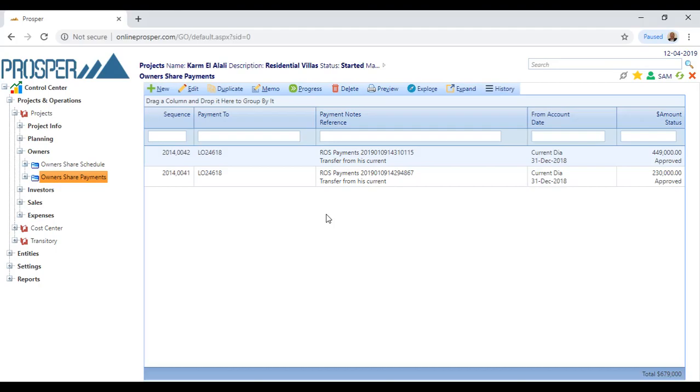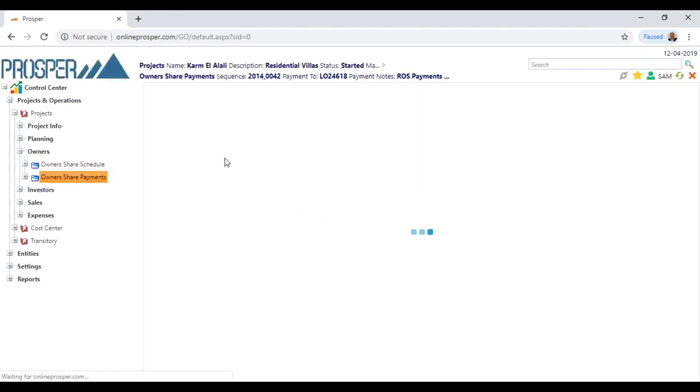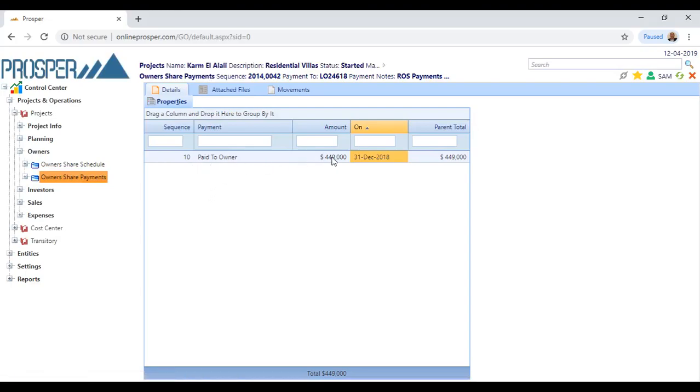For every document that we have, it says when it was paid to the owner, what time, and the amount that was paid, and stuff like that. This will cover the owner section under the project and every project.